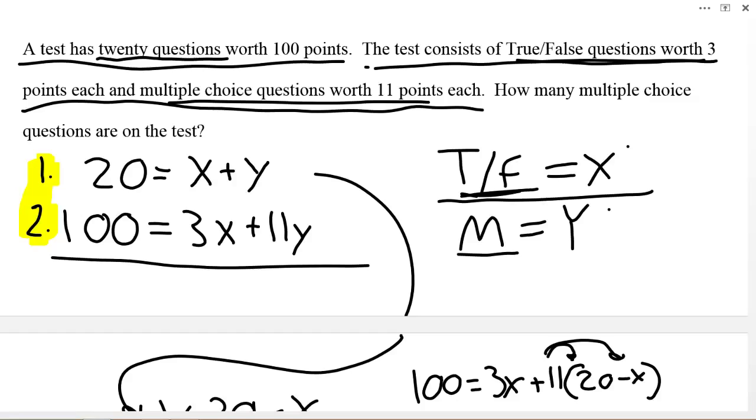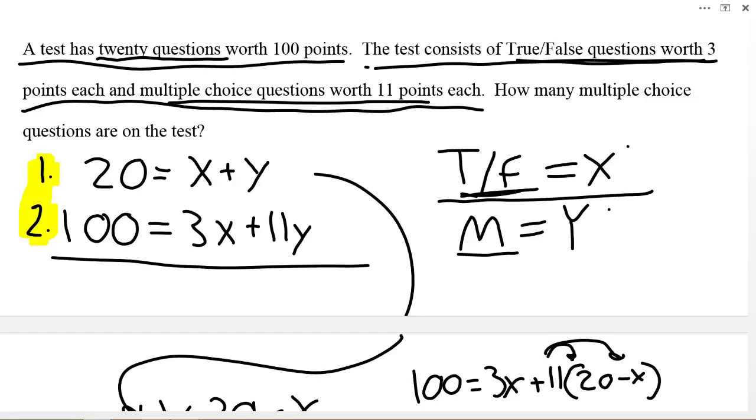So think of it like this, you guys. Without even plugging this into an equation, I mean, we'll plug it into an equation just to prove a point. But let's look at the question. It's saying that the test has 20 questions. And if I already know that there's 15 true and false questions, then how many multiple choice questions are there, you guys? Well, think about it.